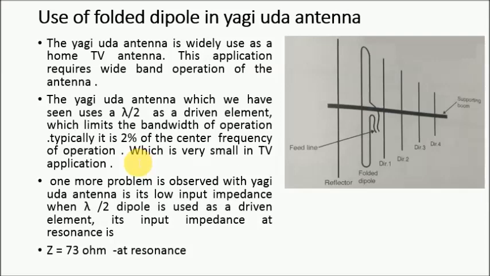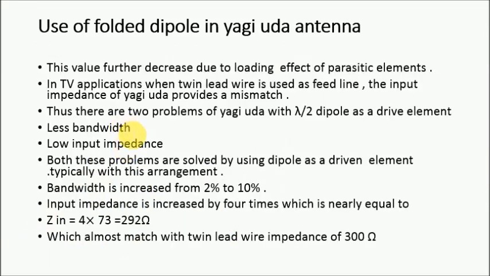One more problem observed in this Yagi-Uda antenna is that it has a very low input impedance when the λ/2 dipole is used, because the input impedance of the dipole at resonance is 73 ohm, and this further decreases because of the loading effect of the parasitic elements.